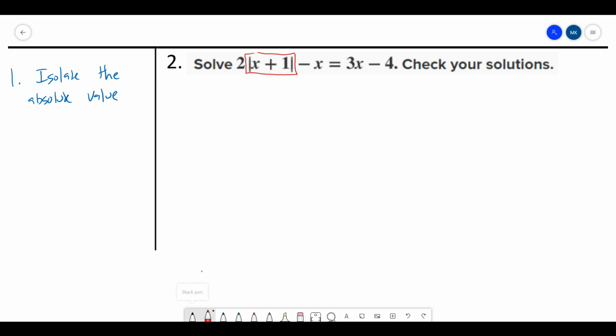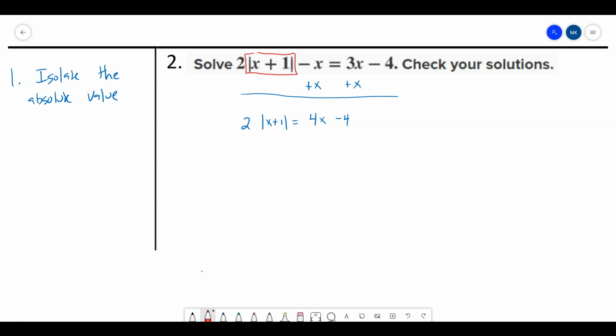So we're basically just going to take that and get everything over to the other side, which means I'm going to start by adding 1x to both sides of this equation. So I'm going to have 2 times the absolute value of x plus 1 equals 4x minus 4.